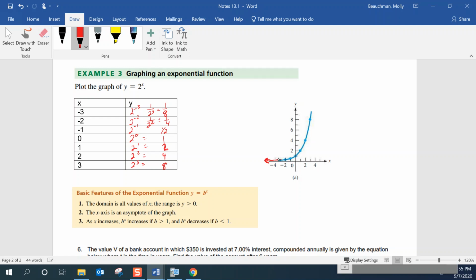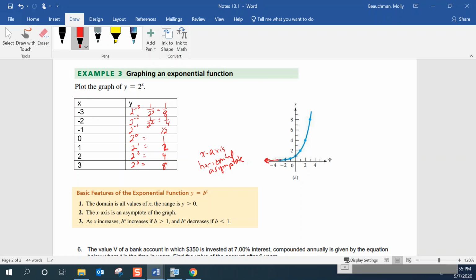In this case, if it's approaching the x-axis, or approaching a horizontal line but never actually touching it, the x-axis is called a horizontal asymptote. That's the equation of a horizontal line that your function approaches but doesn't actually touch.